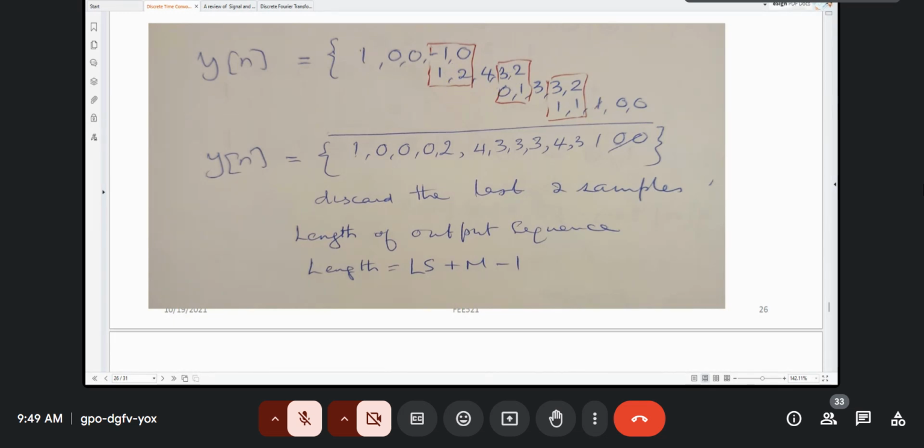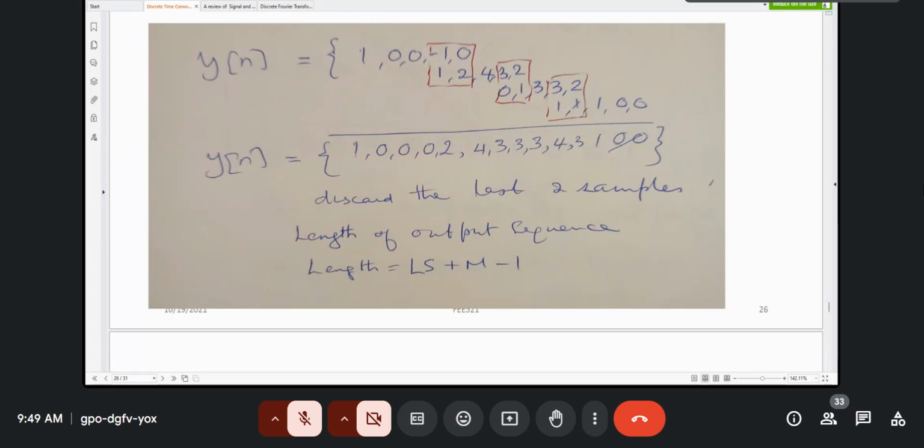Like that, like that. So if we add this, what you are going to end up with is that. This is 1, 0, 0. This is 0 because minus 1 plus 1 is 0. This is 2. Then this is 4. Then we add the last m minus 1 samples with the first m minus 1 samples. We get 3, 3. We get 4, 3 plus 1.